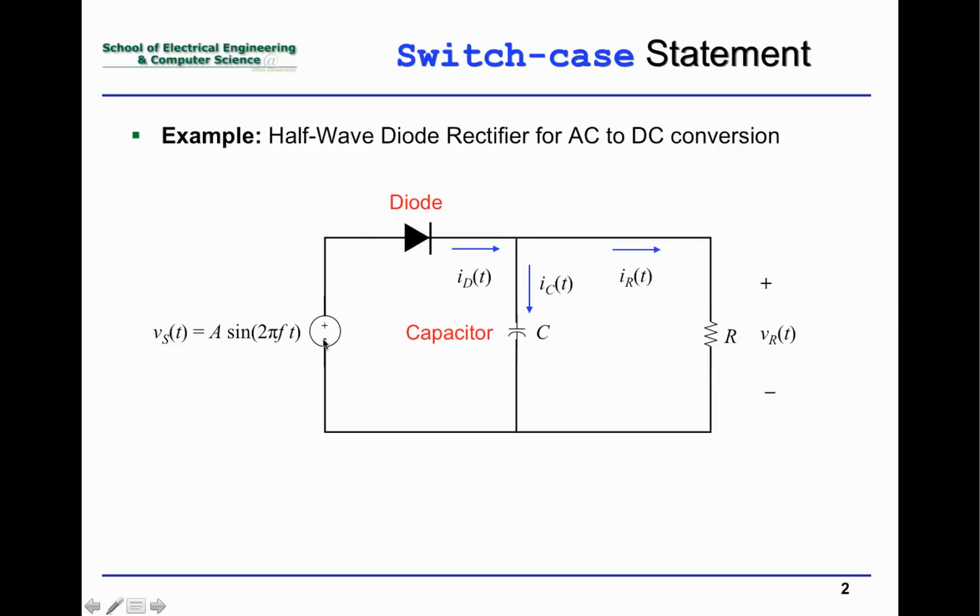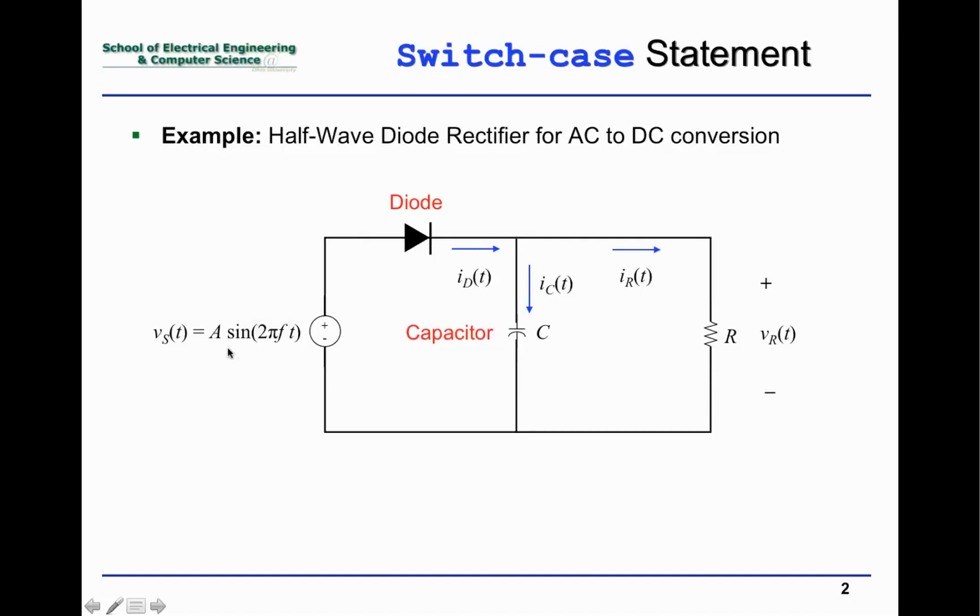When the diode is on, initially the voltage building up across the voltage source is mirrored on the load resistor, and simultaneously current is flowing into the capacitor and charge is building up on the capacitor.